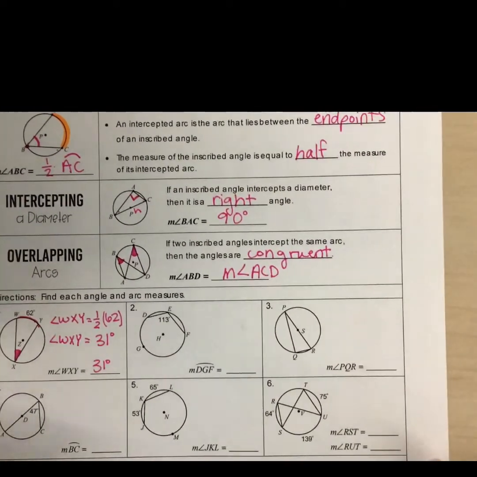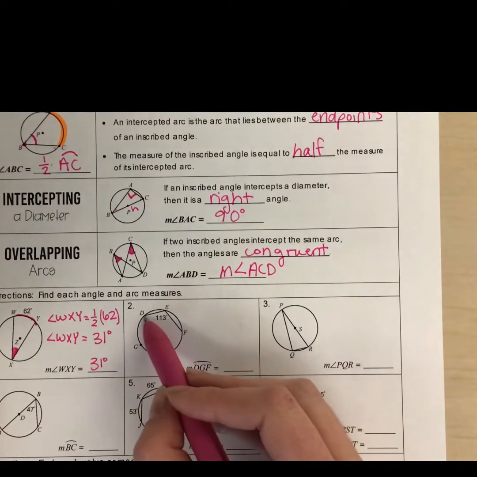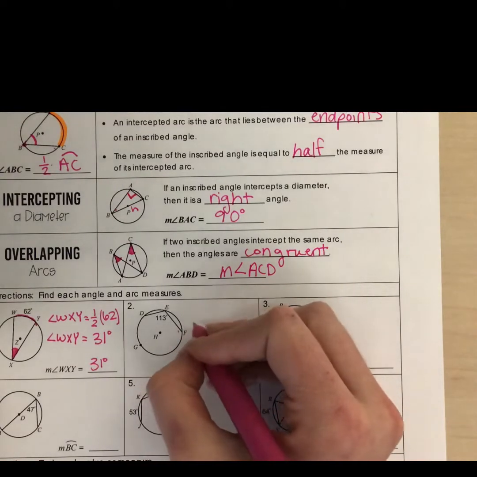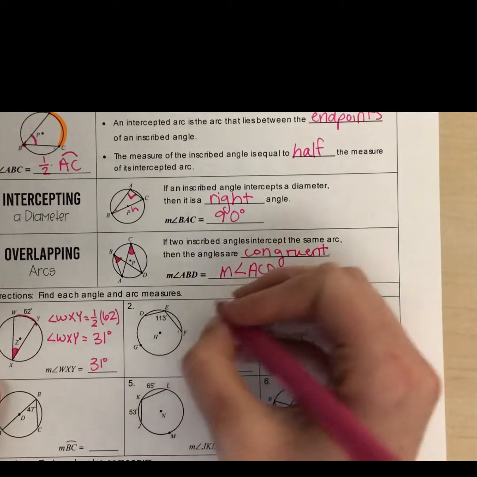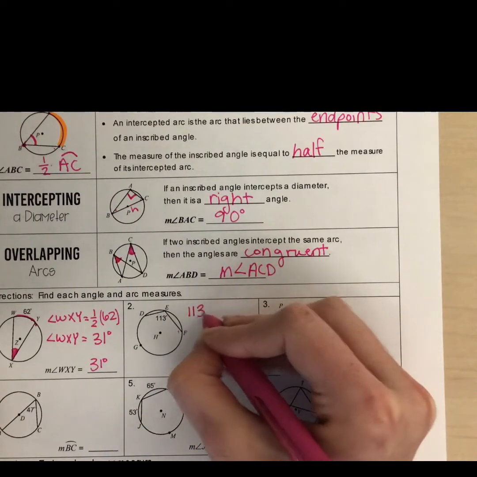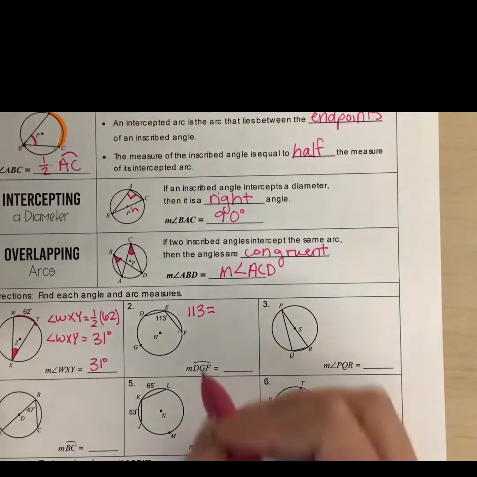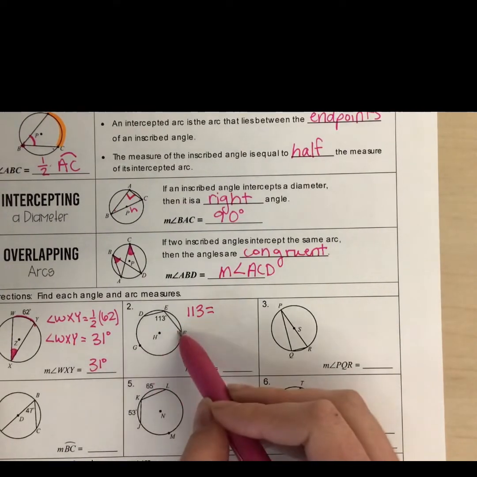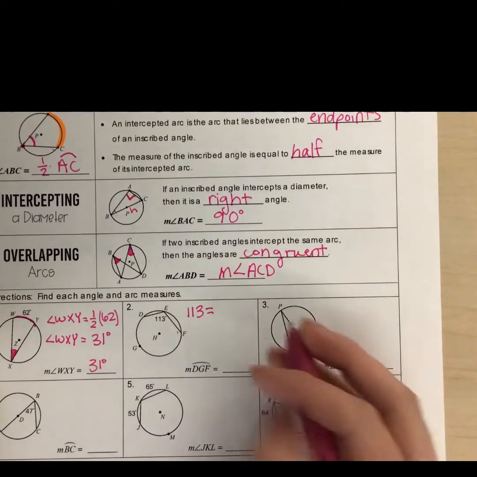Let's take a look here at our next measure. We know that the measure of our angle DEF is 113 degrees. So this time we're given our angle measure, and they want us to find the measure of our arc DGF, so this side over here.